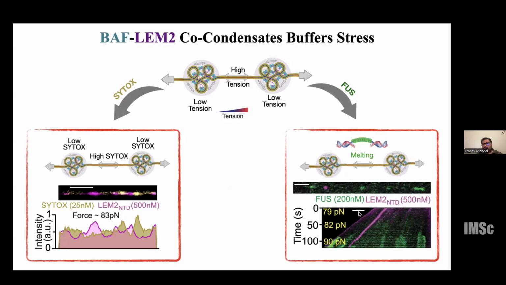You can see in this kymograph, or in this snapshot, that when there is a LEM2 condensate, the first signal always binds away from the LEM2 condensates. That says that as we keep stretching, if melting happens, it happens outside the co-condensates. That establishes our claim that these co-condensates protect the DNA against external stress.